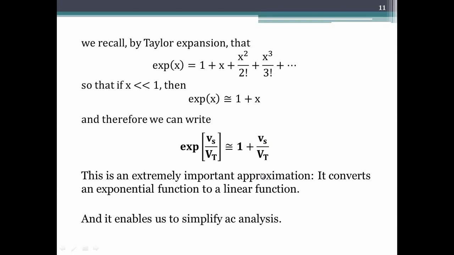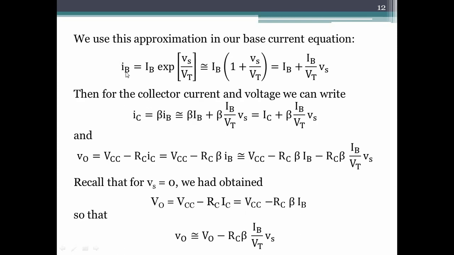Okay, so let us use this now in our base current equation. This was our base current equation. Total base current, or small i_B, is capital IB e raised to Vs by Vt, and the e raised to Vs by Vt we say is approximately 1 plus Vs by Vt. So we write this out and we get IB plus IB into Vs by Vt.